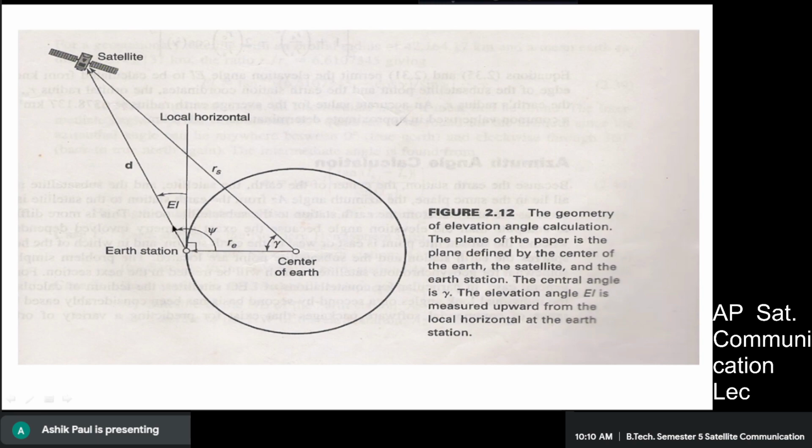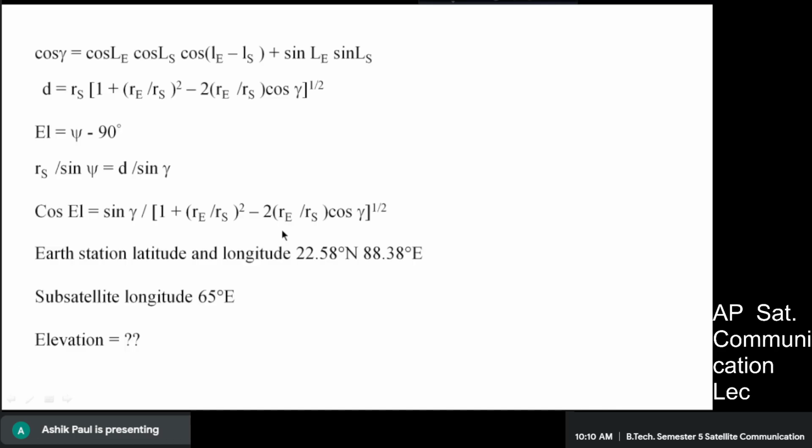So RS by sine psi will be equal to D, and the opposite angle is gamma, so it will be equal to D by sine gamma. These are all standard geometrical expressions that we are using here.